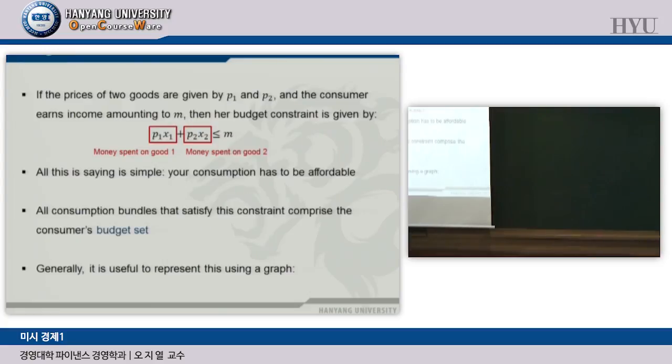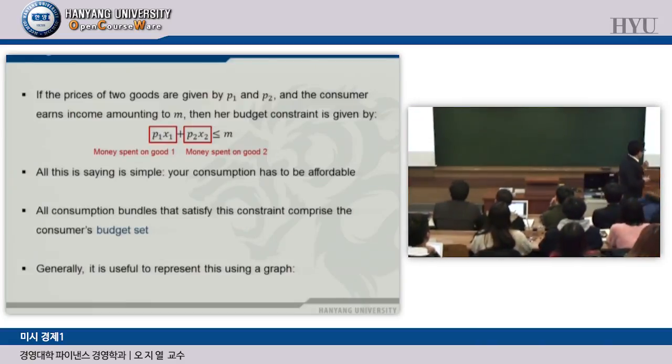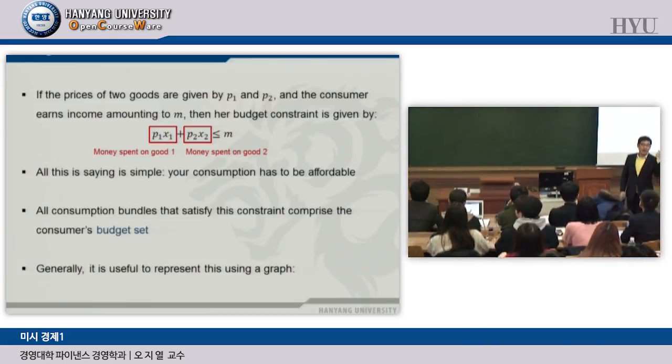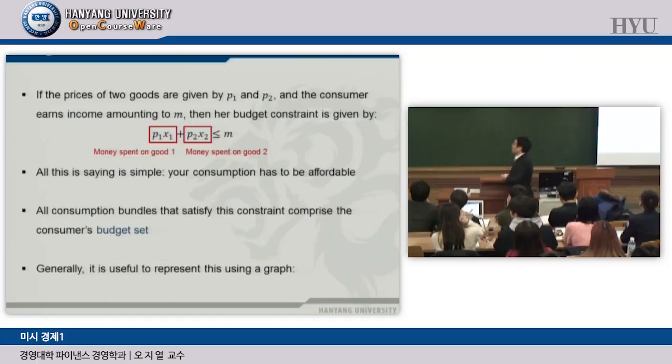Or otherwise, you'll have to file for a loan somewhere. You're basically not in a good place, okay? All this is saying is simple. You have to be affordable in your consumption. Not a difficult requirement.